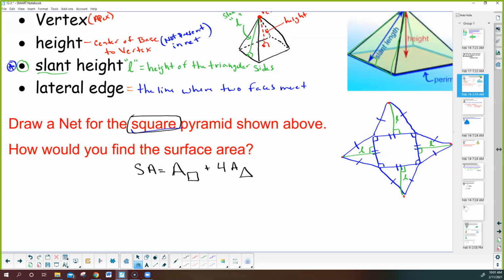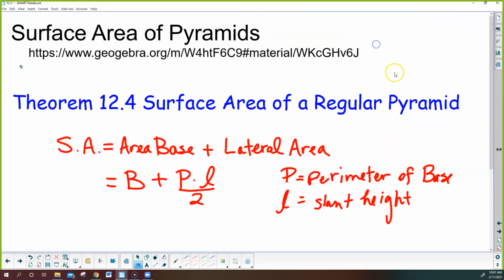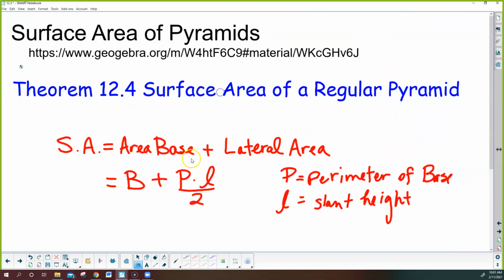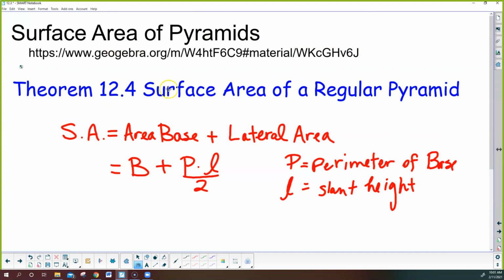I don't want you to write this down, but if you connect with that, here is a theorem you could use to find the surface area. It's the area of the base, whatever that shape is, rectangle, square, trapezoid, plus the lateral area. But the lateral area is the perimeter times the slant height cut in half.